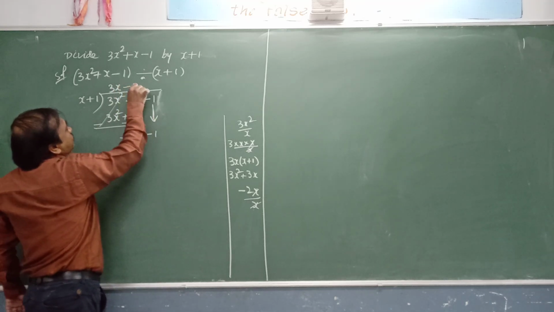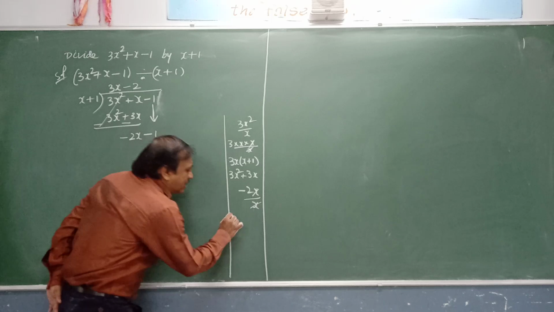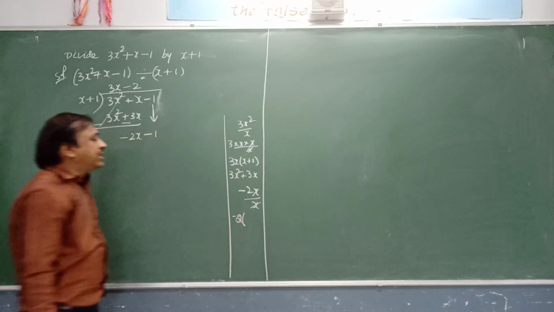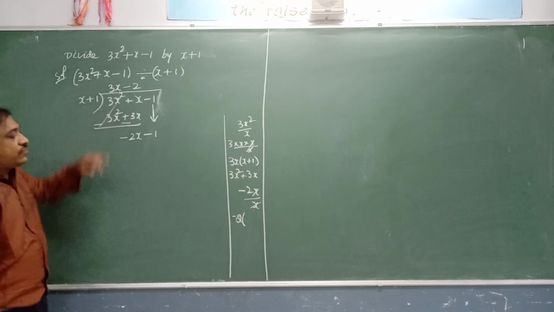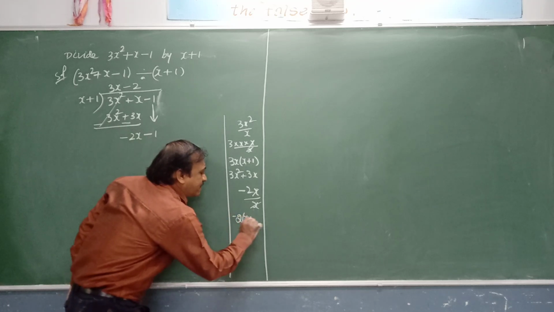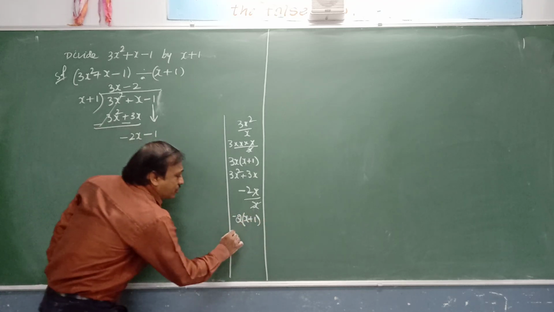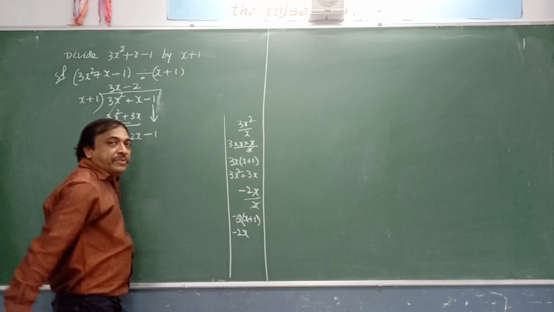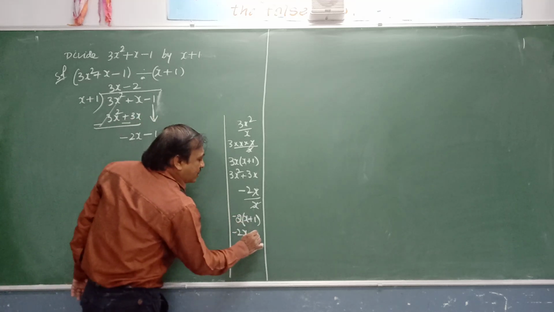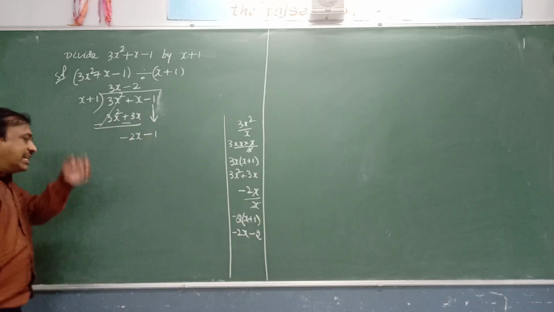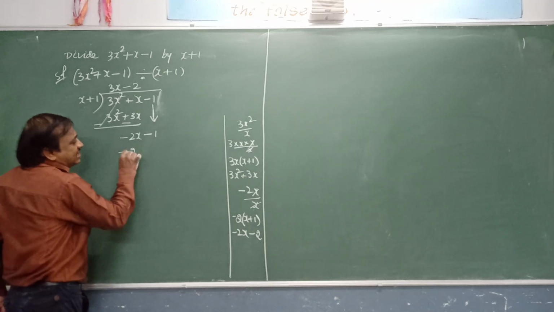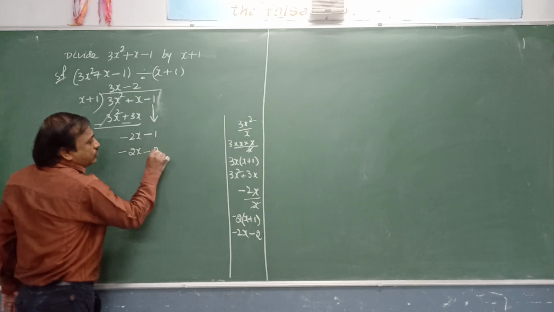Now, with the new quotient term minus 2, you need to multiply x plus 1. So minus 2 into x is minus 2x, and minus into plus, minus 2 ones are 2, so minus 2x minus 2.